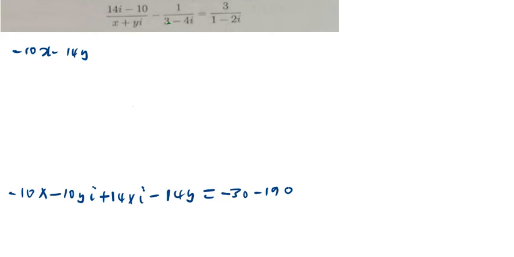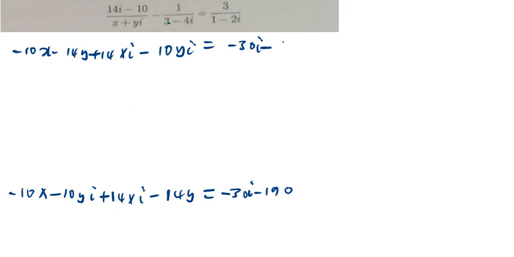Then minus 10yi plus, or it's again minus, no, it's plus. So let me start with the one for positive for x. So I'll start with plus 14xi minus 10yi. So this being equal to negative 30i minus 190, don't forget, negative 30 has got i.